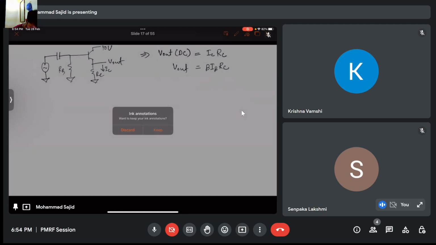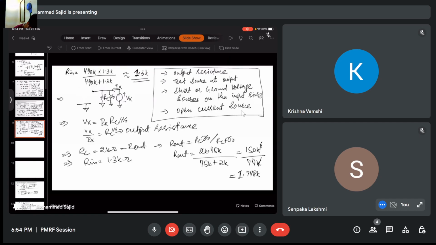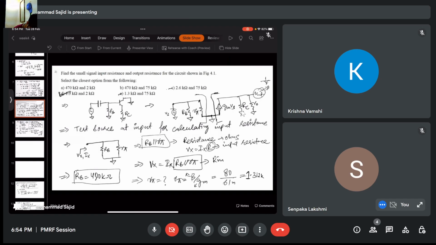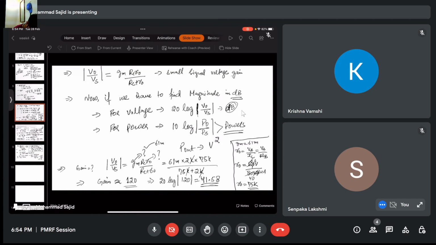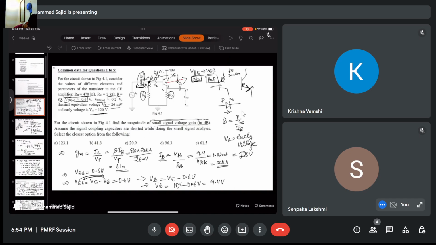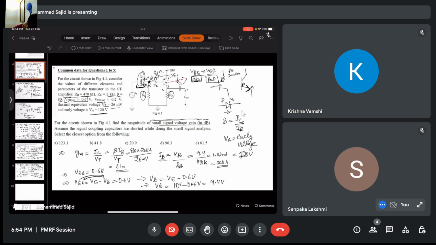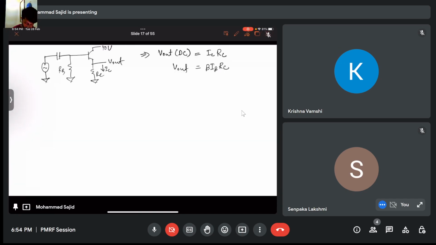Let's find what IB was equivalent to. Okay, IB is 20 microampere.